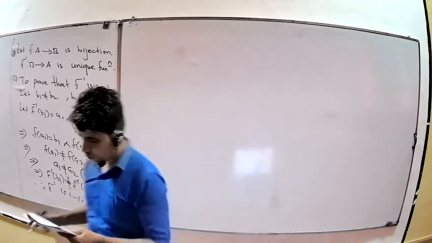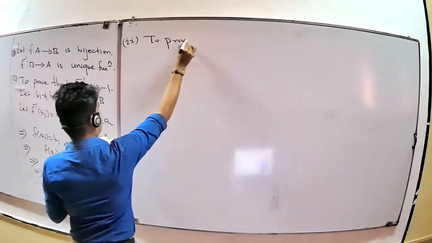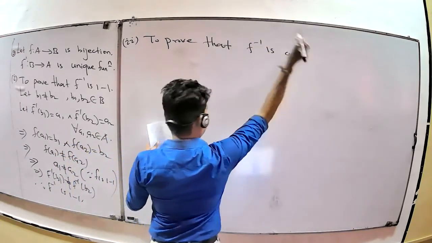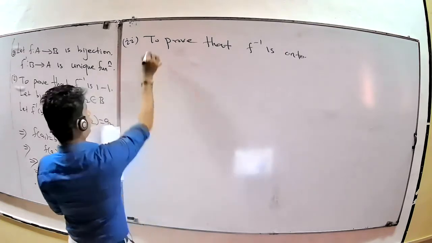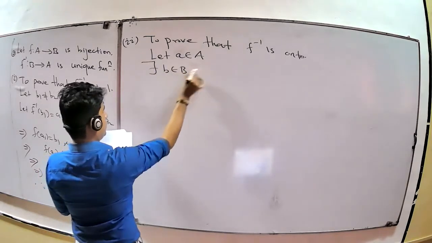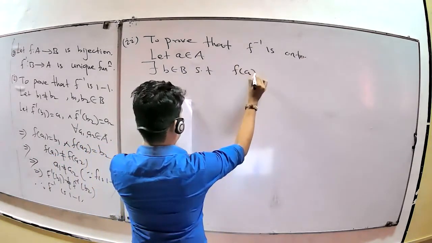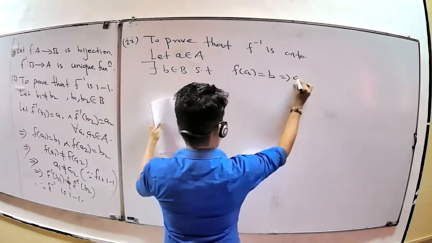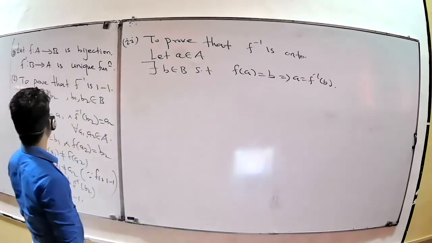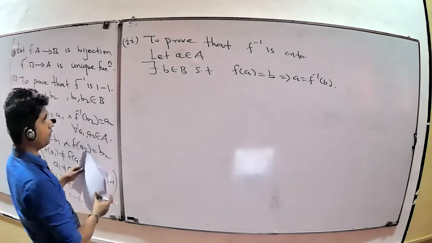To prove that f inverse is onto, let a belong to A. There is b belong to B such that f of a equal to b, so it implies a equal to f inverse b. From this, f is a bijection.